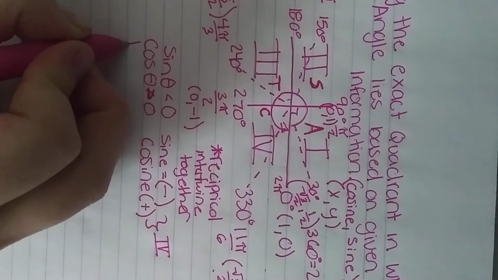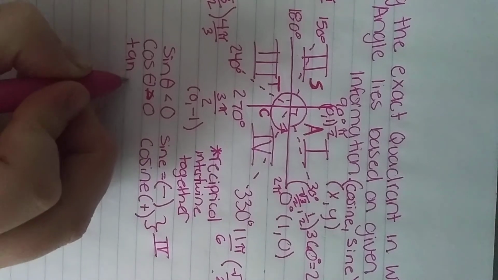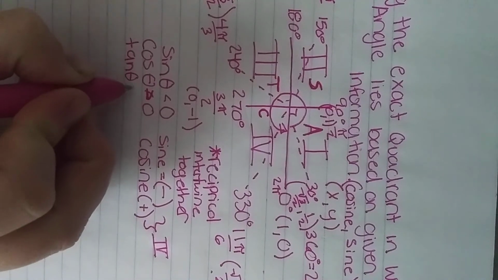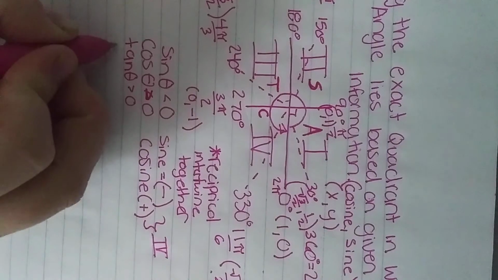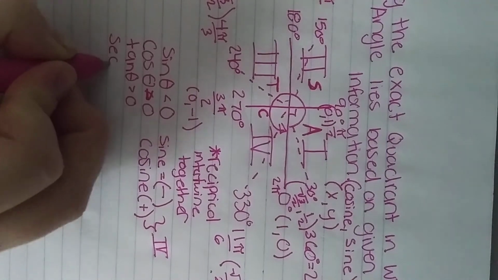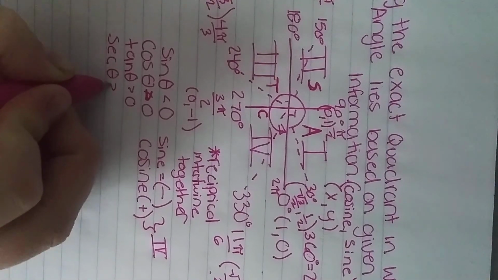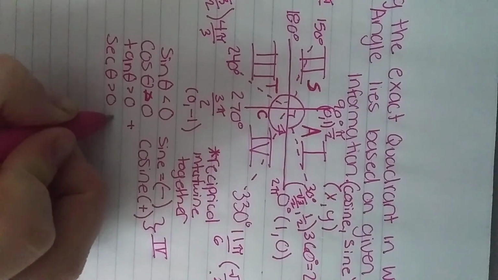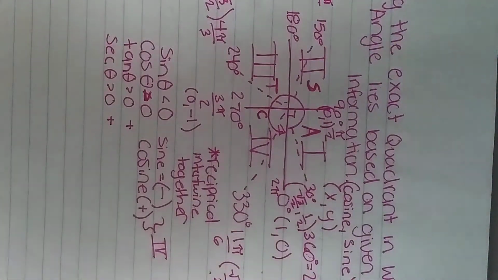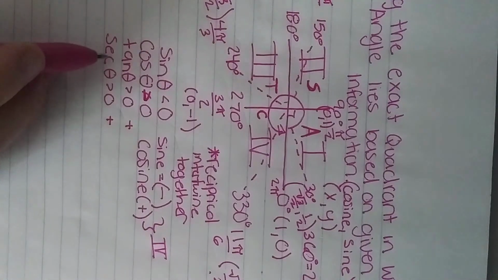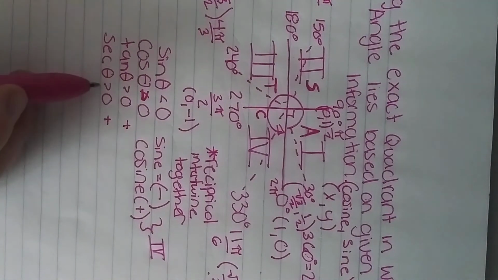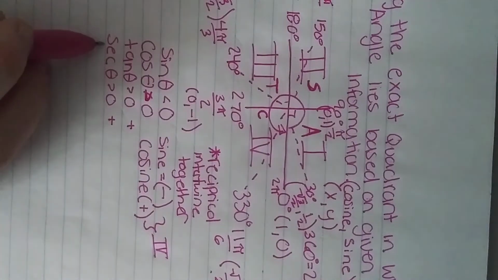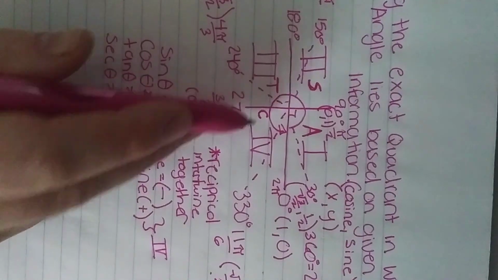Now, if your teacher asked you tangent of theta is greater than 0 and cosecant of theta is greater than 0, which means this is positive and this is positive. And secant is the opposite of cosine, or cosecant is the opposite of cosine.